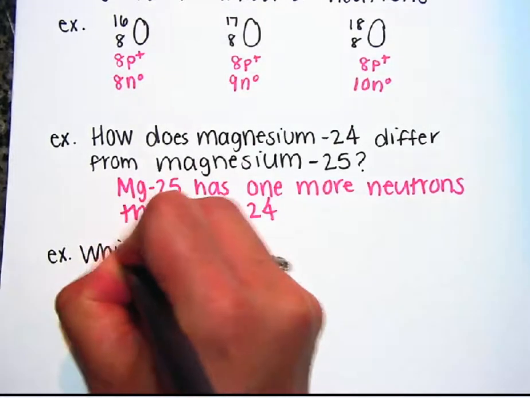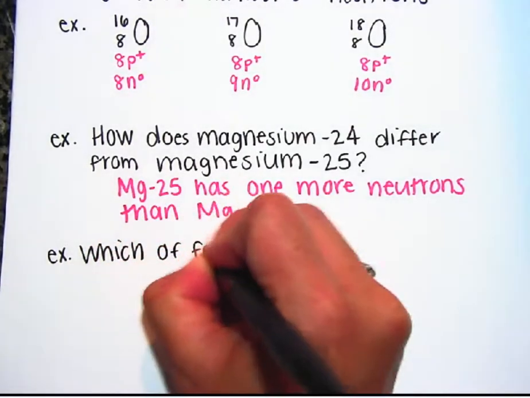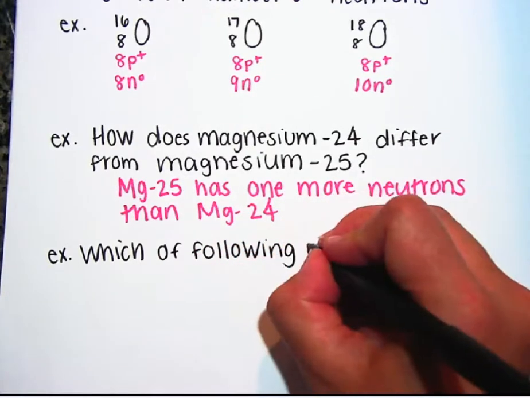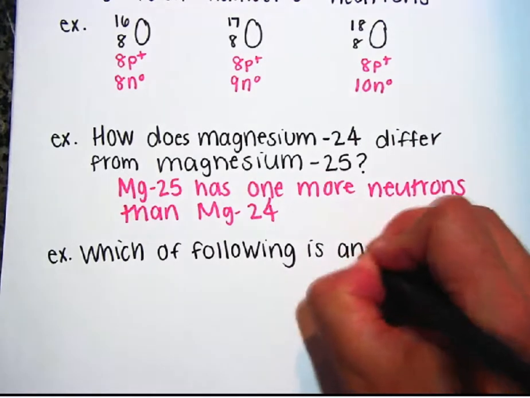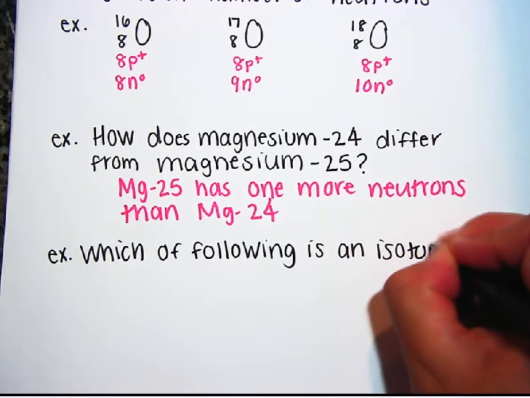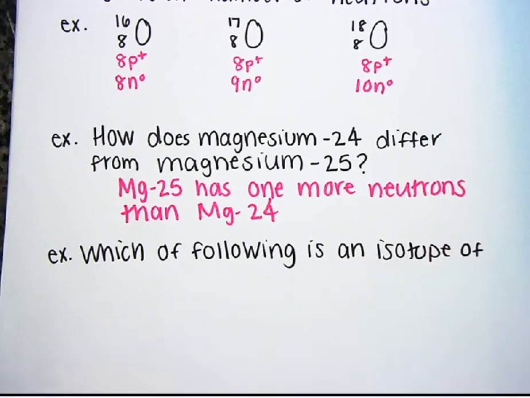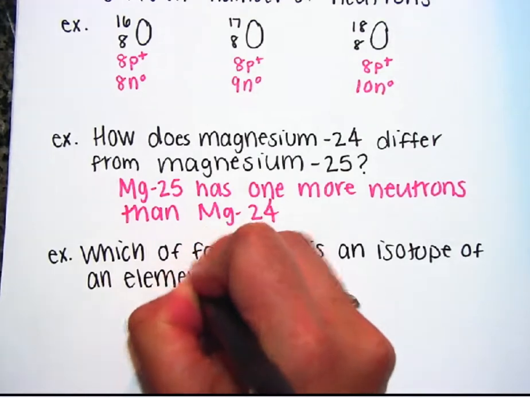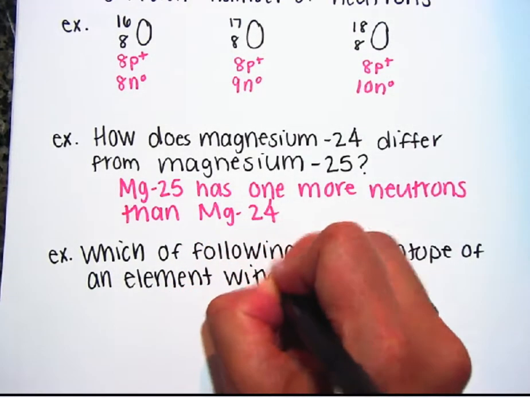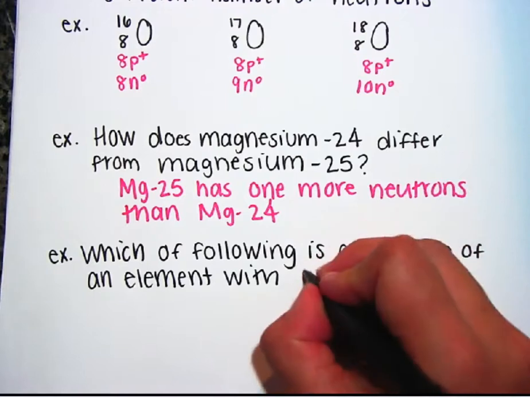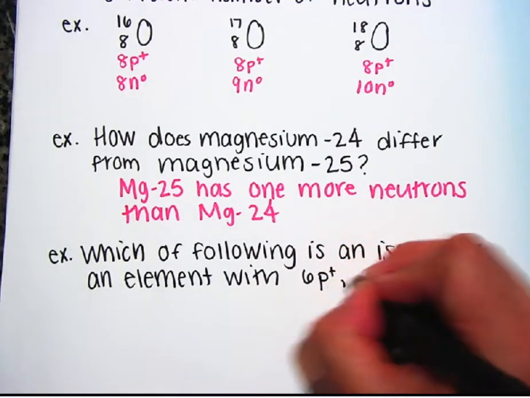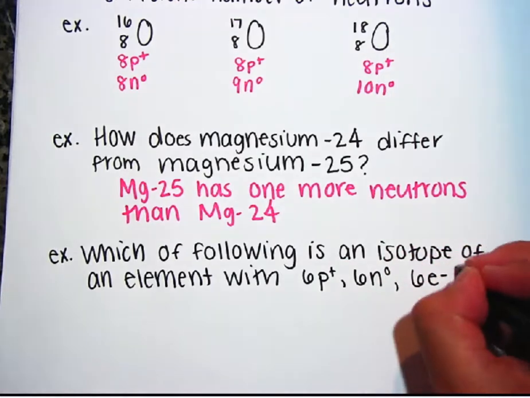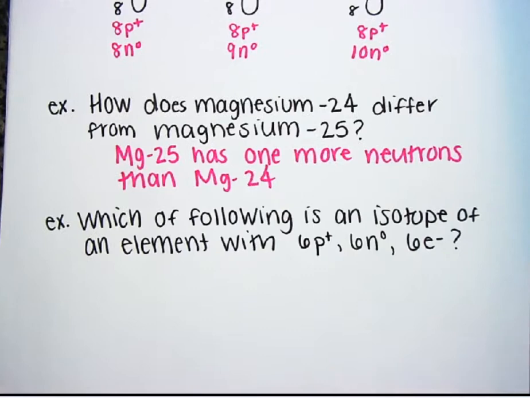Let's try another. Which of the following is an isotope of an element with 6 protons, 6 neutrons, and 6 electrons?